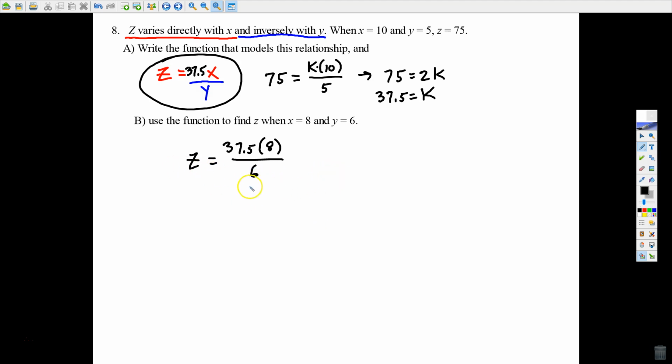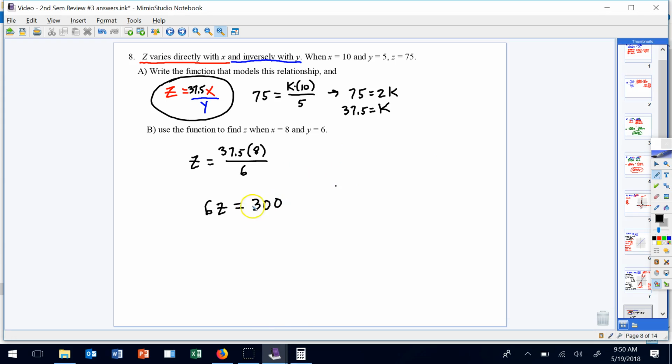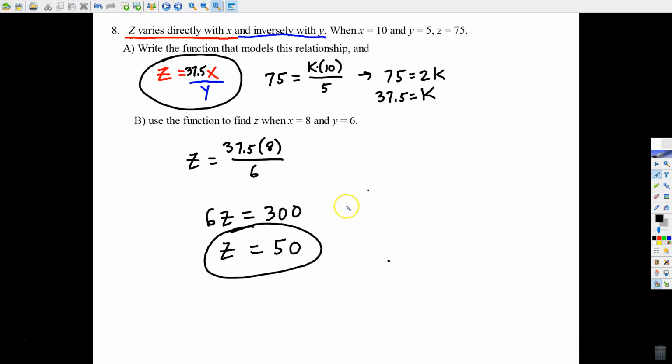If you multiply by 6 on both sides, 6Z is 8 times 37.5. So 8 times 37.5 is 300. And now to solve for Z, you just divide by 6, and you should get 50. And that is your answer for part B.